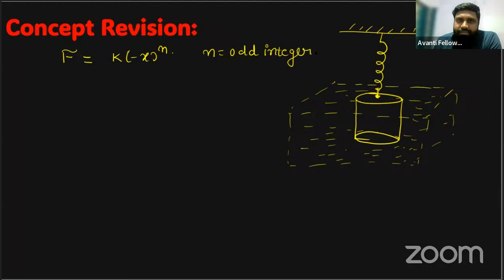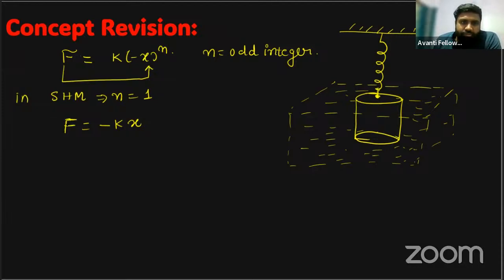Now, the fact here is that this force somehow depends on the displacement. In SHM, this n is equal to 1. So force here will become minus kx. Now, who is going to tell me that this force is a constant or a variable force? Obviously, this k is constant, but this x is not. This x is the displacement from mean position, and it is changing in SHM each and every instant of time.